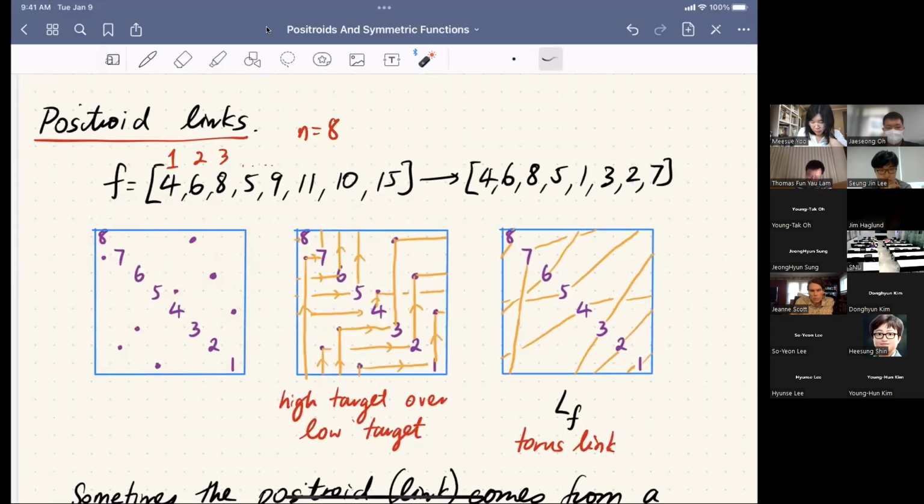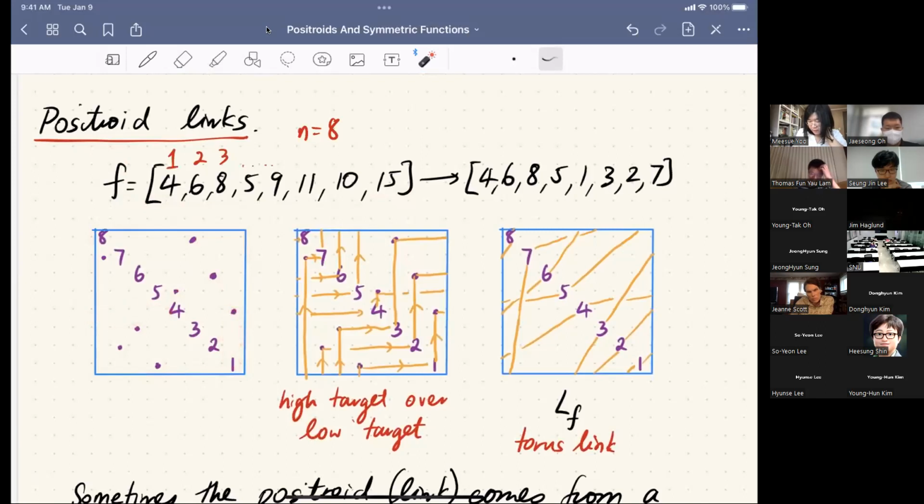And then I draw some strands, and these will be strands of a link that is going to be a link on a torus. From each diagonal element, I draw a strand up to the dot in the same column, and from that dot I go right and then wrap around.